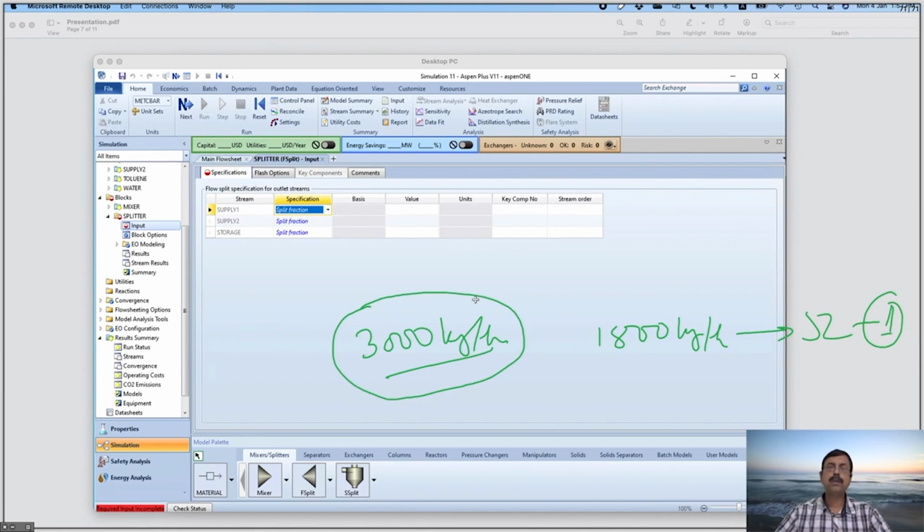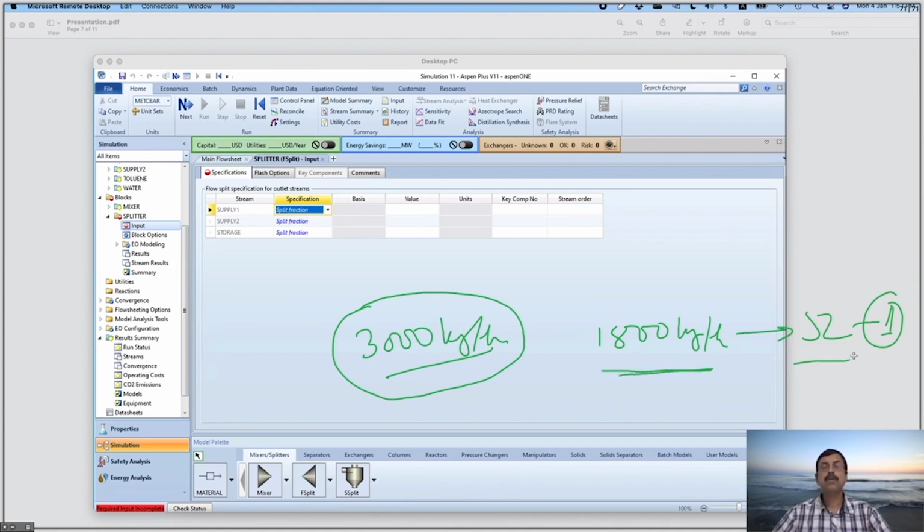It may go to 2000, 2500. In that case, you will not be able to feed all the channels, supply 1, supply 2 and storage. But your first preference is to give 1800 kg per hour to supply line 2.